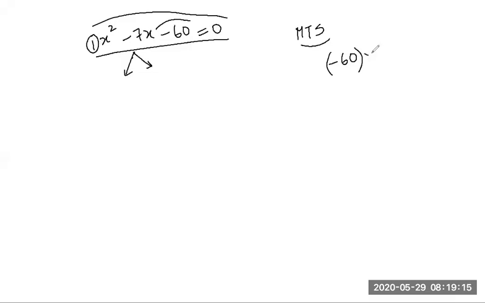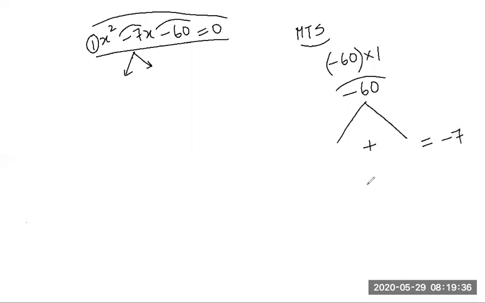So, 1 into minus 60 is minus 60. Now find out two factors of minus 60 whose sum will be equal to the coefficient of x. So this should be equal to minus 7.